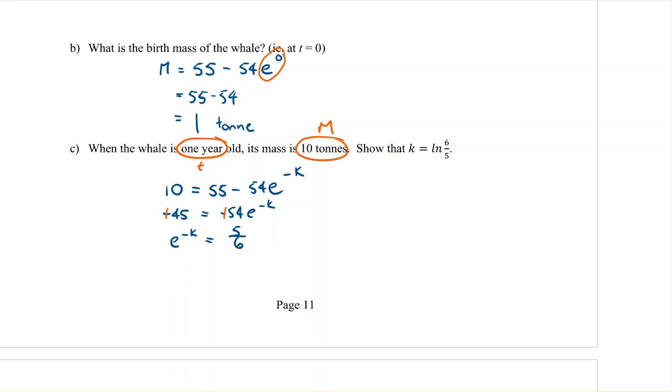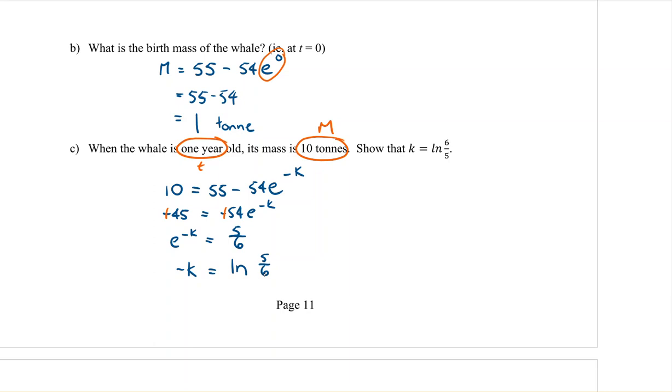All I've done is 45 divided by 54, so it's dividing top and bottom by 9. Okay, so we have to get it out of exponential form now, which means it's time for a sliding base. We're going to leave the minus k. The base e slides across, which means it'll be log base e, or ln for short, of 5 over 6.